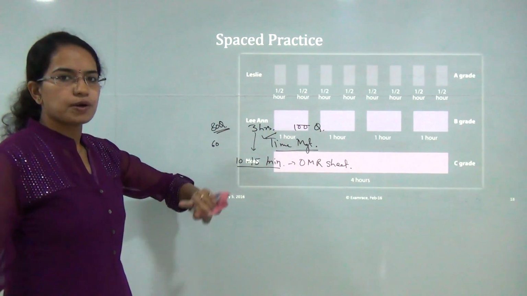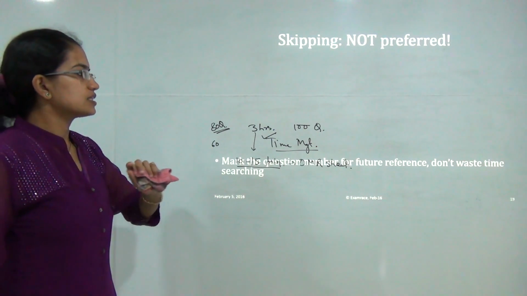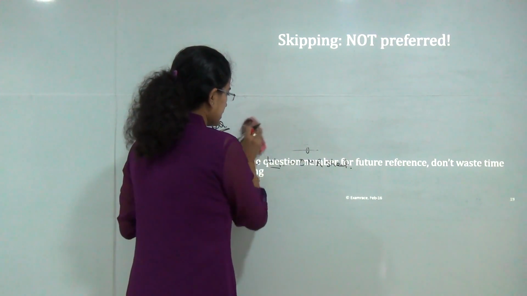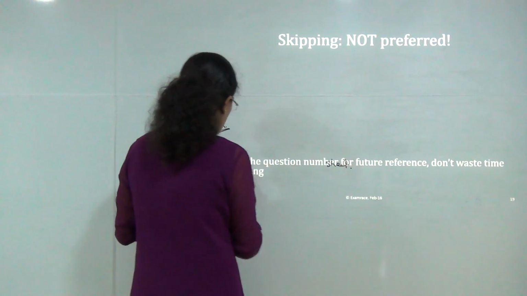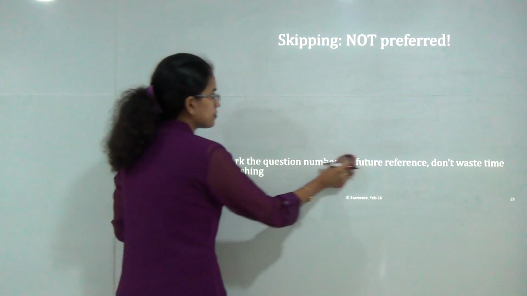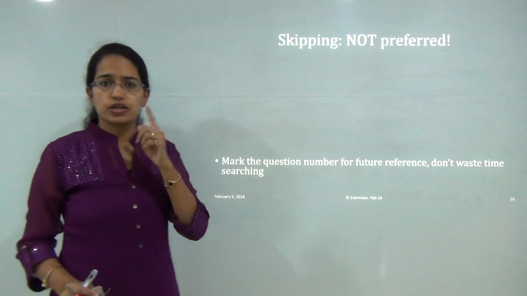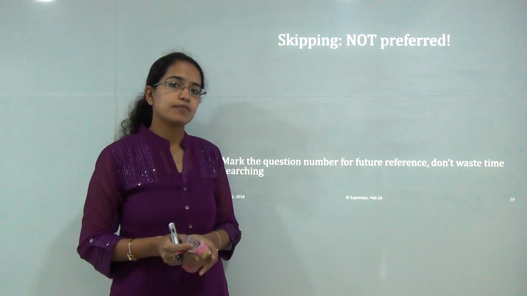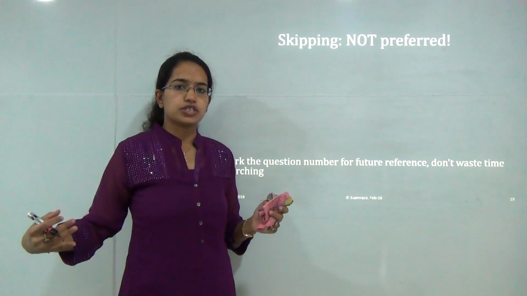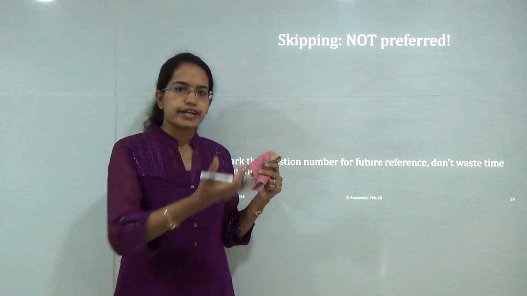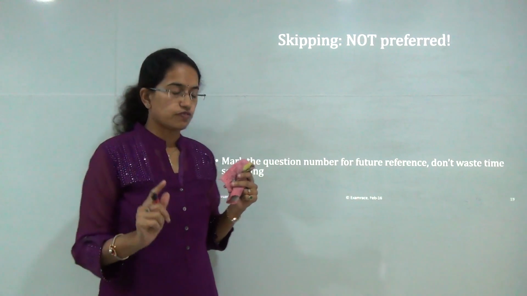We already talked about spaced practice. Skipping is usually not preferred. I say skipping is not preferred because some people, when they skip, do not mark the question. So if you are just skipping and not marking the question, what would happen? At the end of the question paper, when you reach question number 100, you will forget which questions you have left, first of all.